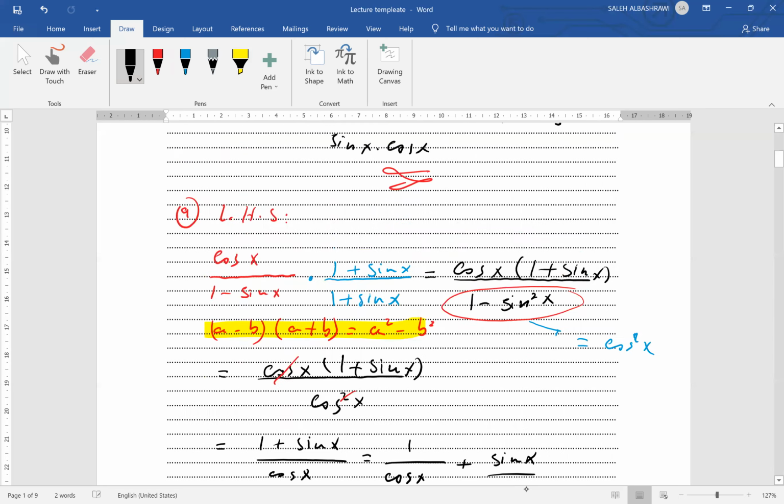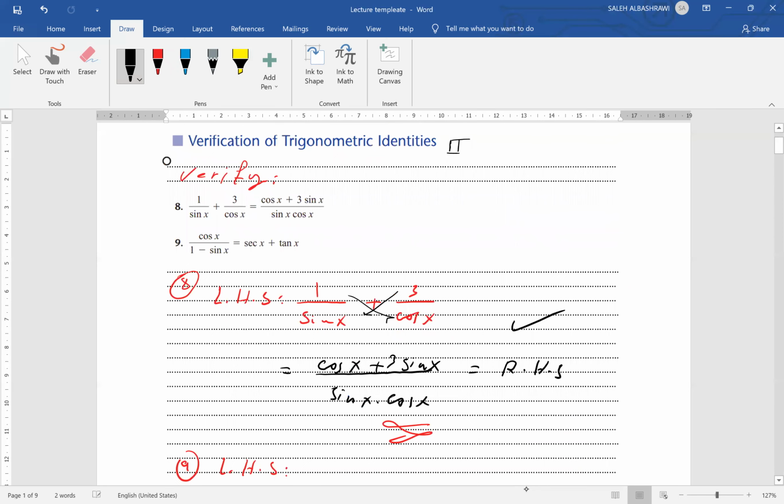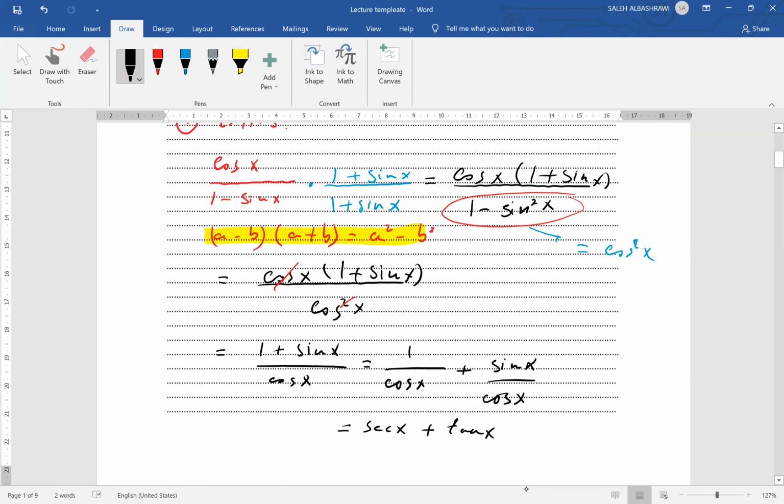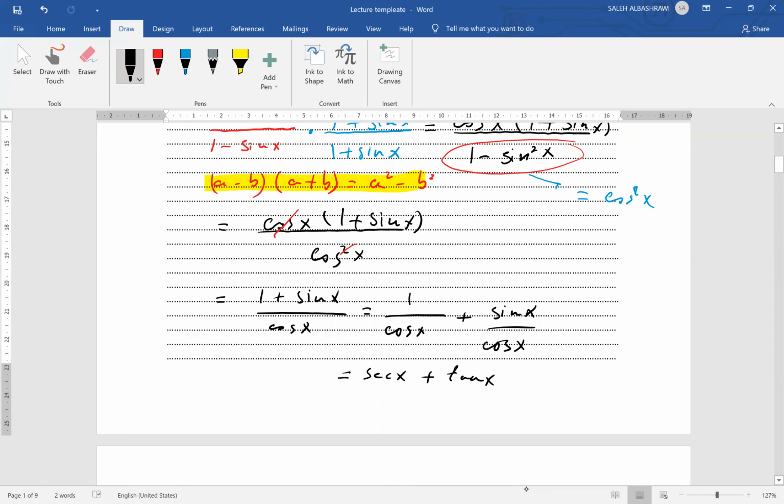We go back to see the question. This is secant x plus tan x, which is the right-hand side. That's okay. Done. So we verified that the left-hand side equals the right-hand side.